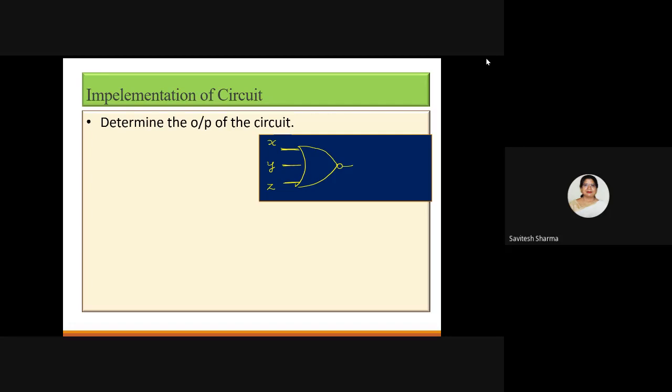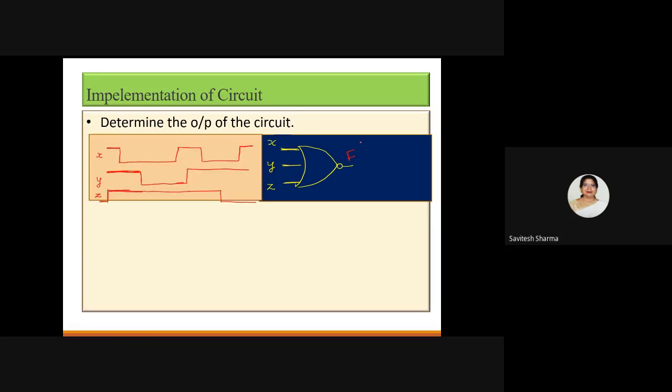With three inputs, let's say X, Y, Z, you are going to determine the output, let's say F. Some inputs are coming, and these inputs are changing with time. The variation of X, Y and Z is given in the form of a timing diagram.